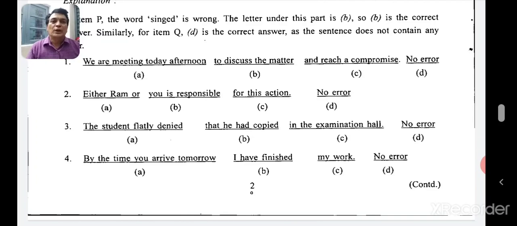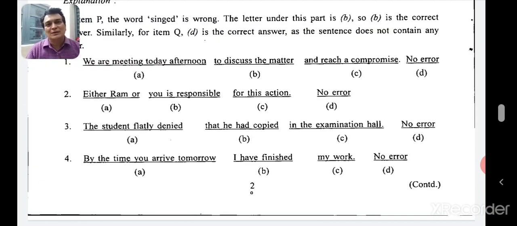We are meeting today afternoon. So where is the error there? The error is in A. We are meeting today afternoon. What should it be? It should be we are meeting today in the afternoon.